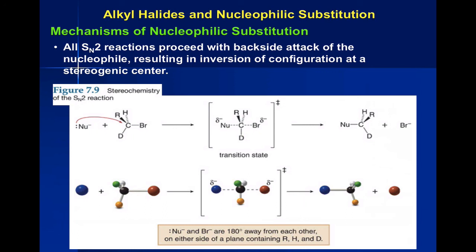Hydrogen's always the lowest priority. So that's S. What about in the product? It is R, assuming the nucleophile is like a halogen, something heavier than carbon. It would be 1, 2, 3. What happened to my stereochemistry? It inverted. It flipped.